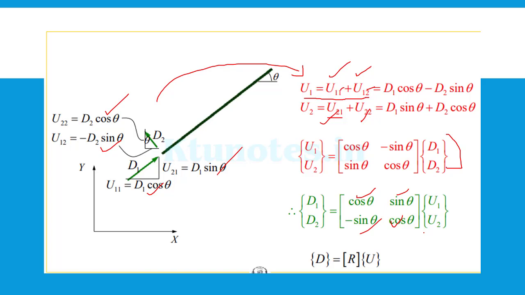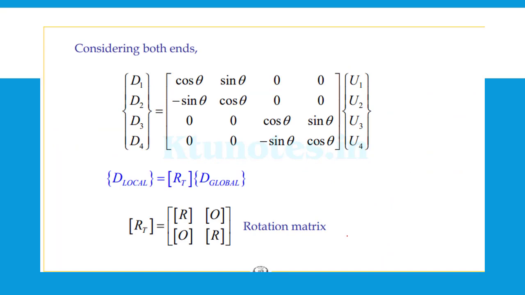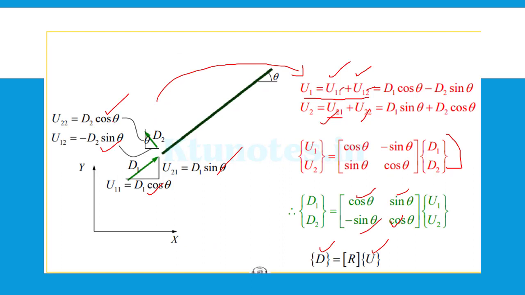So we have d is equal to r u, where r connects the global coordinate with the local coordinate displacements. So considering both ends, we have discussed only the left end. The same replica will be happening for the right end also.